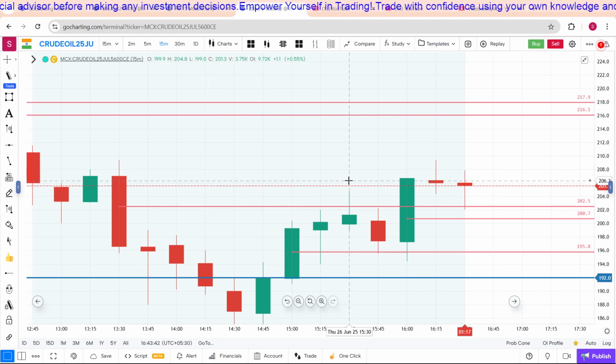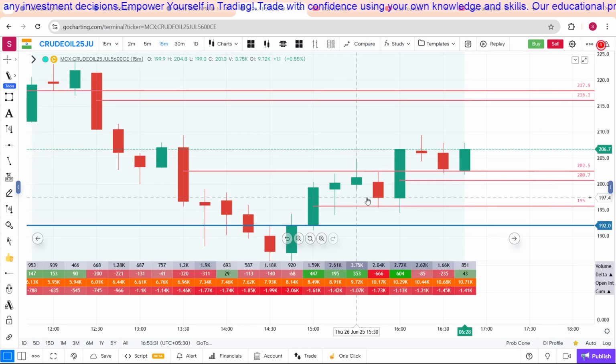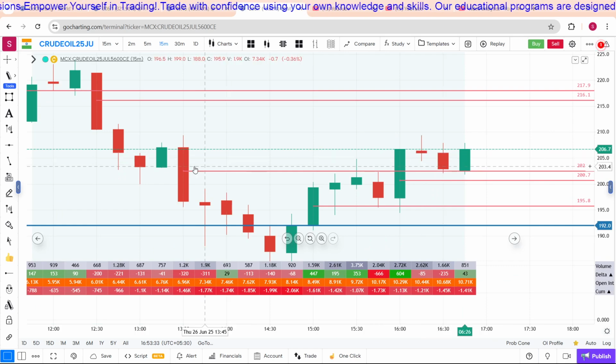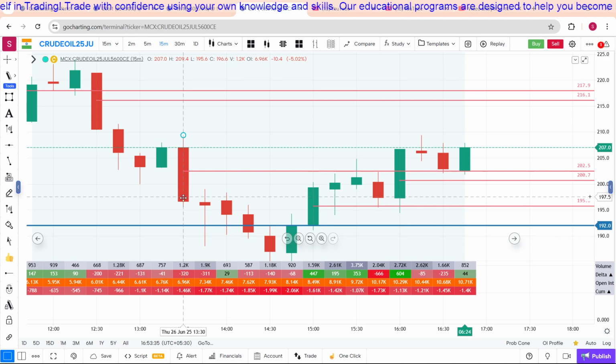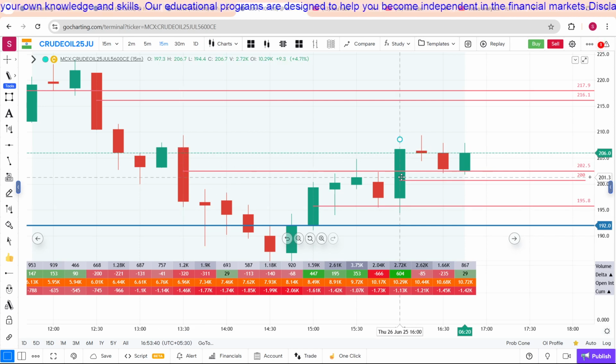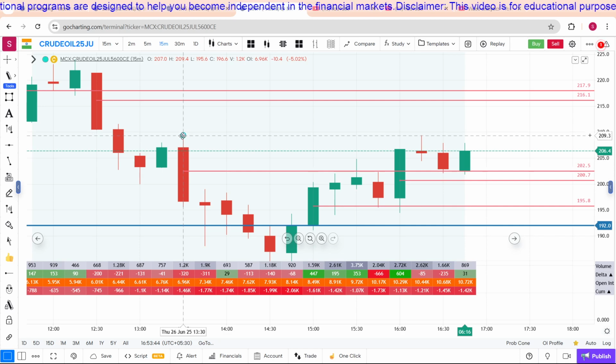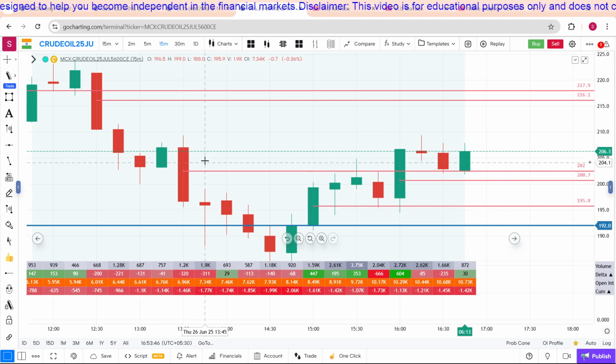Then we will wait for some 5-10 minutes. See what happened next. This is the high volume red candle, against which only we are competing. Normally our target will be the candle against which we are competing.